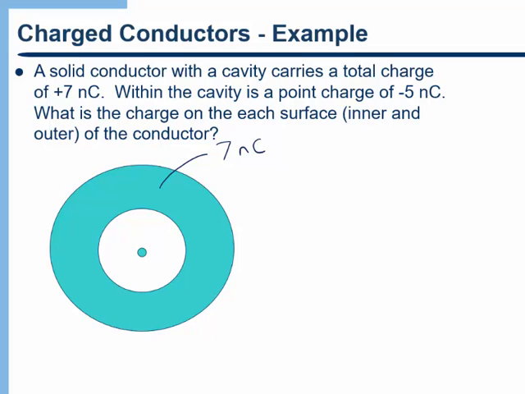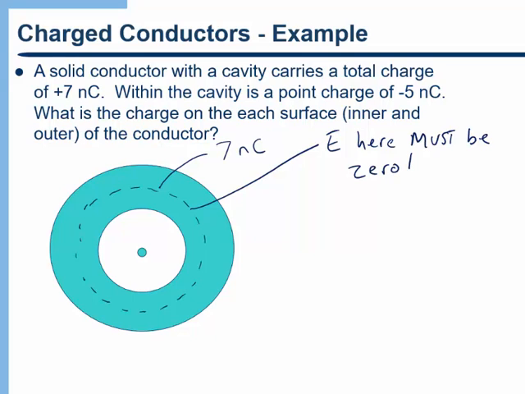We need to use Gauss's law and think about the fact that if I draw a Gaussian surface anywhere inside this conductor, E here must be 0, because the electric field has to be 0 anywhere inside a conductor in electrostatic equilibrium. Okay, so now let's write down Gauss's law. If the integral of E dot dA is equal to the charge enclosed over epsilon naught, and E is 0, then E dot dA has to be 0.